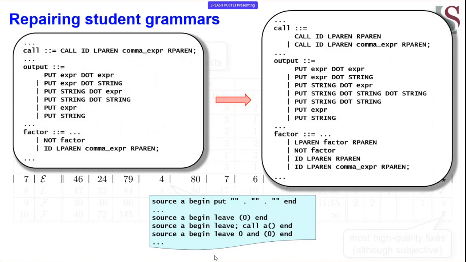All right, so we fixed the expression part completely. We insert a rule for bracketed expressions by duplicating the not factor rule and replacing the not by an open bracket, and then inserting the closing bracket. We also fixed the function call rule simply by deleting the comma expression occurrence in the right-hand side, right?